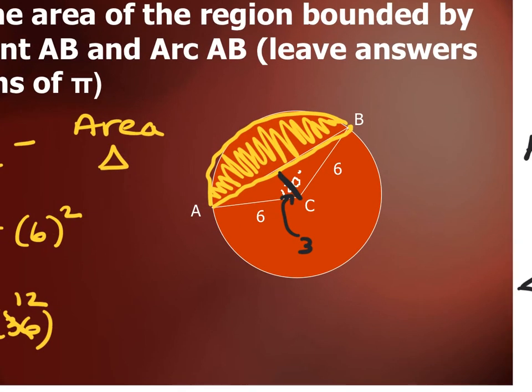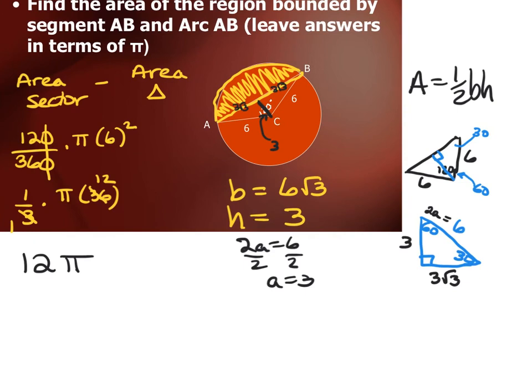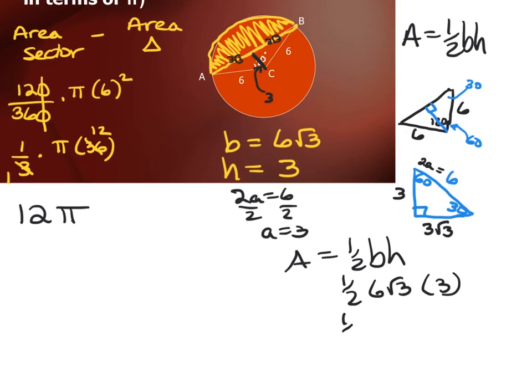Now remember, in this triangle, I've got a 3 square root 3 here and a 3 square root 3 here. So my base is 3 square root 3 times 2, or 6 square root 3. My height is 3. So to do the area of the triangle, 1/2 base times height. So 1/2 6 square root 3 times 3 gives me 1/2 18 square root 3, which equals 9 square root 3.